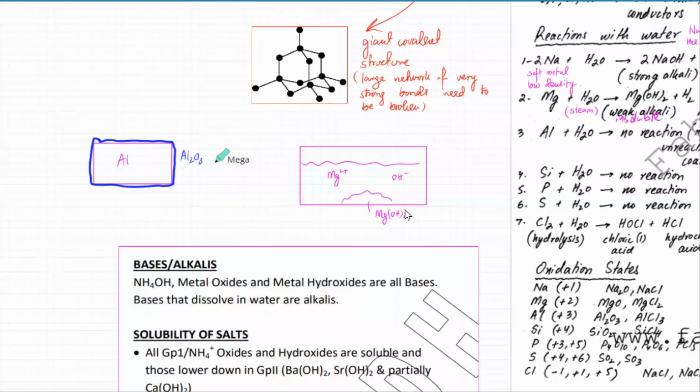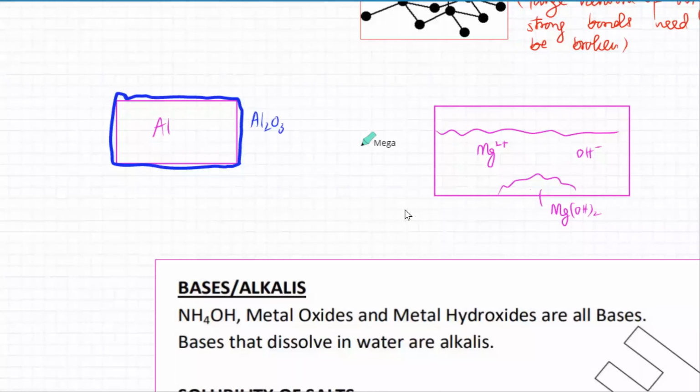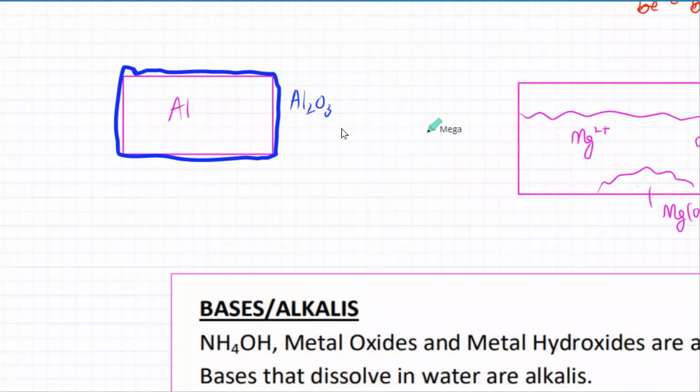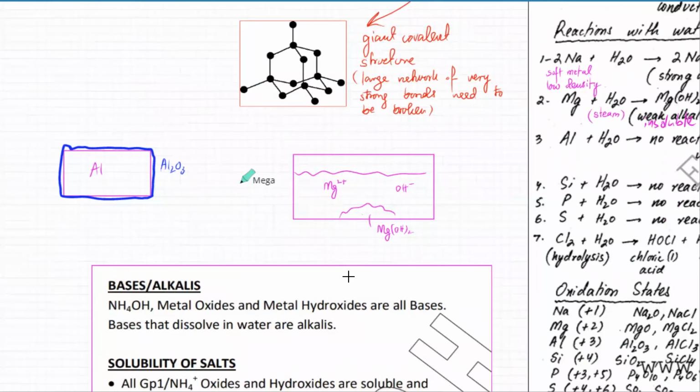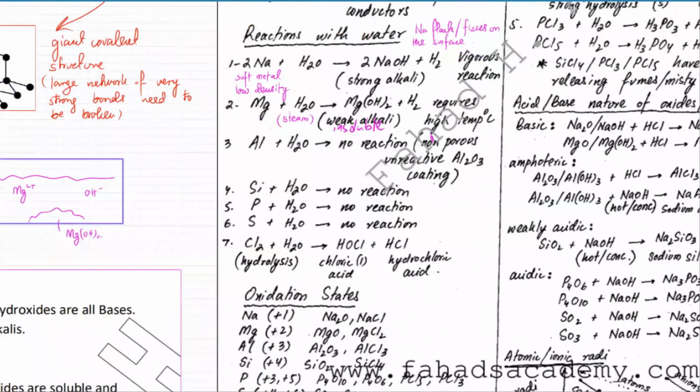But unlike the rust of iron, the oxide of iron, which is powdery and reddish in color, aluminium oxide is really tough, and it forms this very strong coating that seals or covers the aluminium very quickly. Is that clear? Yes. Okay. Hania, is this clear? Anna, clear? Yes.